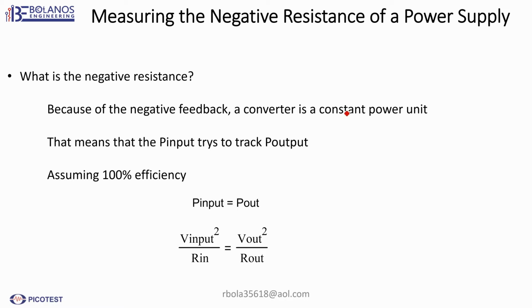Because of the negative feedback of the converter, the power supply converter is actually a constant power unit, meaning that your output power and your input power track to each other.